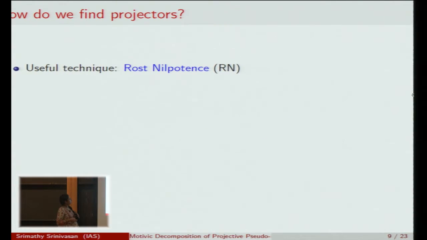Okay, so now the question is, if you want to decompose, you need projectors. How do we find projectors? A useful technique to find projectors is by knowing whether the Rost nilpotence principle holds, and I'll explain what this is.